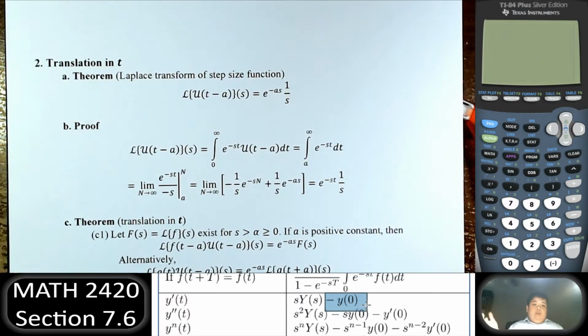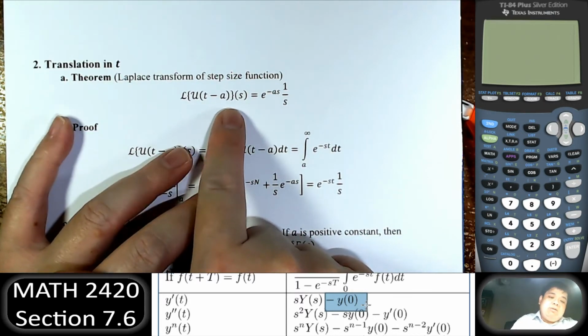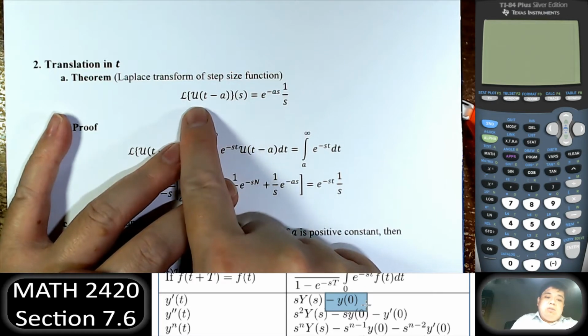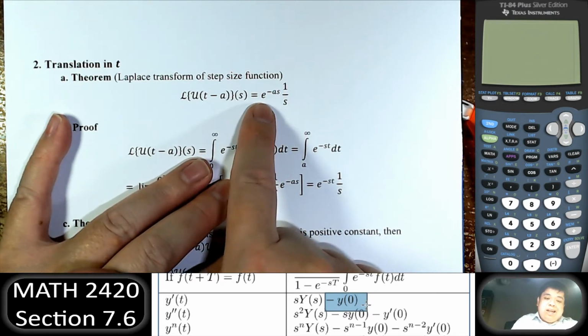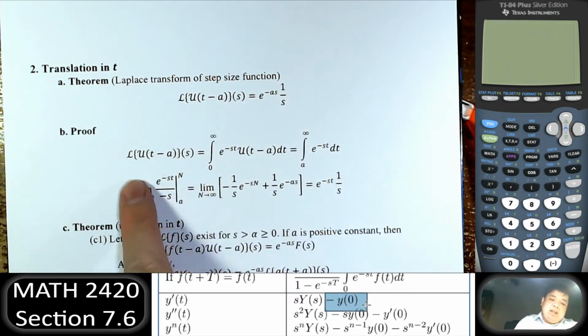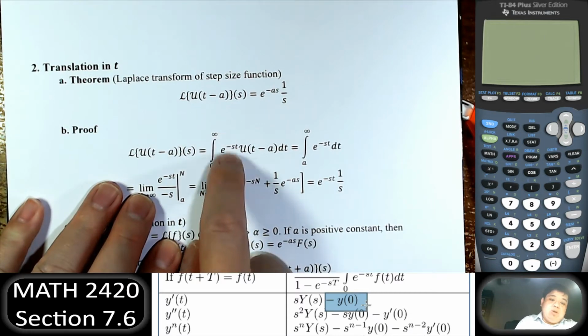Right. Now, what's the important thing? What is the Laplace transform of a unit step function? Well, the Laplace transform of the unit step function u of t minus a, of s, is equal to e to the negative as times 1 over s, and here's the proof. So Laplace transform using the definition from 0 to infinity.